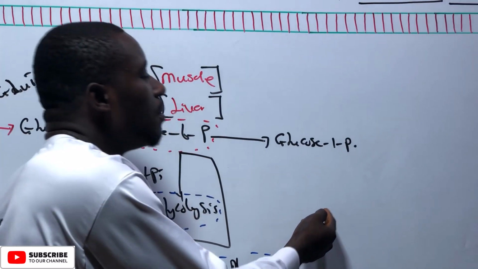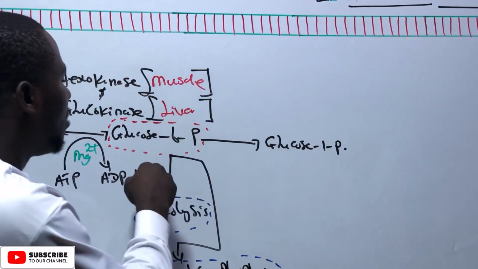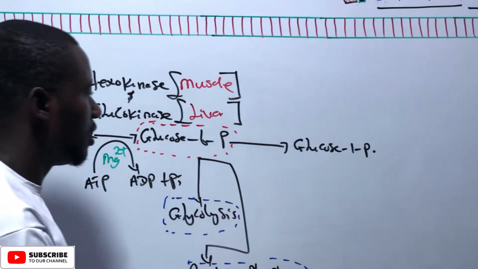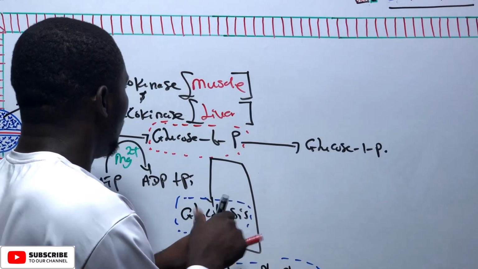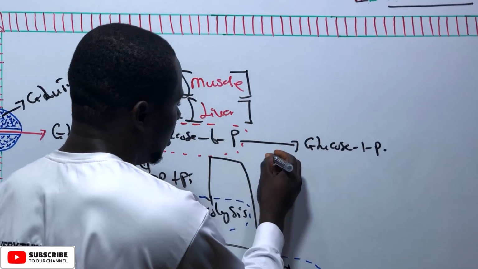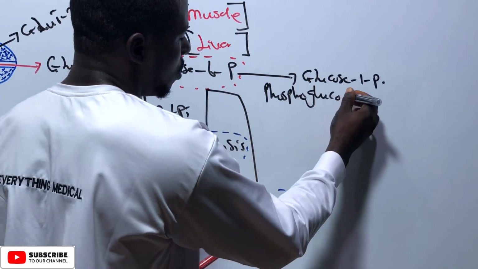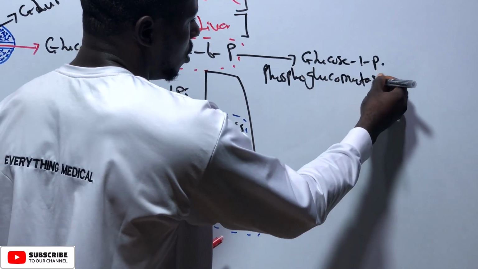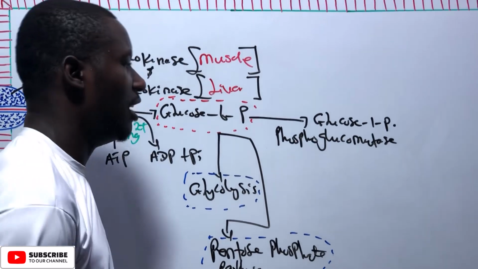That is why it's glucose 1-phosphate. It is catalyzed by phosphoglucomutase, a very profound enzyme.